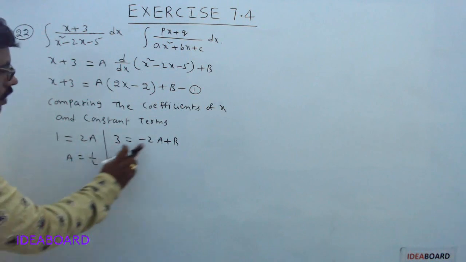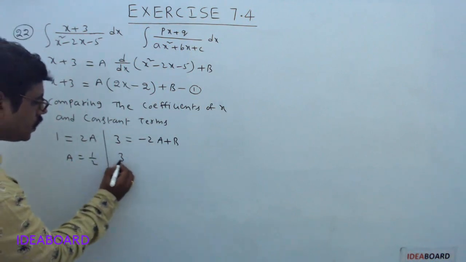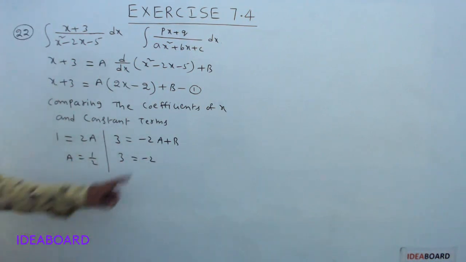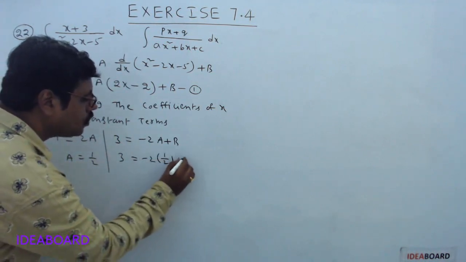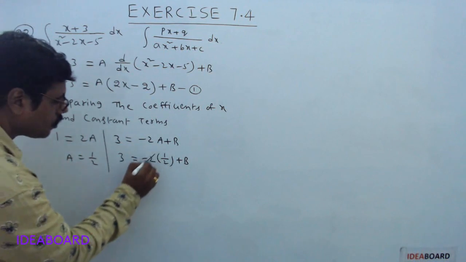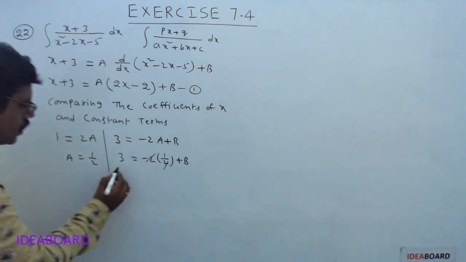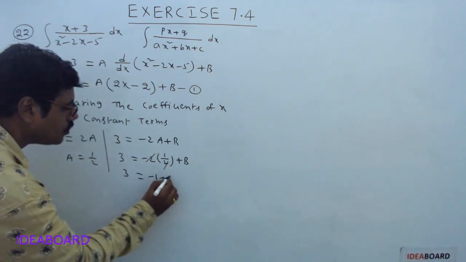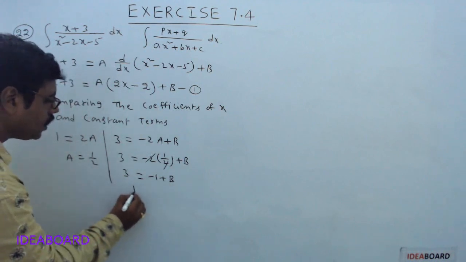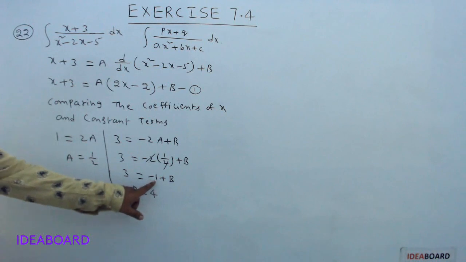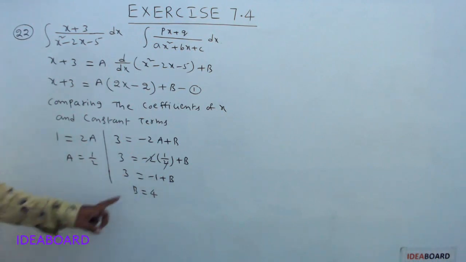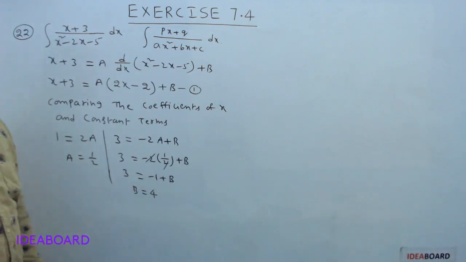Now substitute this a value in this equation. 3 equal to minus 2 into a value 1 by 2, plus b. Now cancel the constant term 2. Now this is 3 equal to minus 1 plus b. Bring this minus 1 from RHS to LHS, so b equal to 3 plus 1, therefore b equals 4.